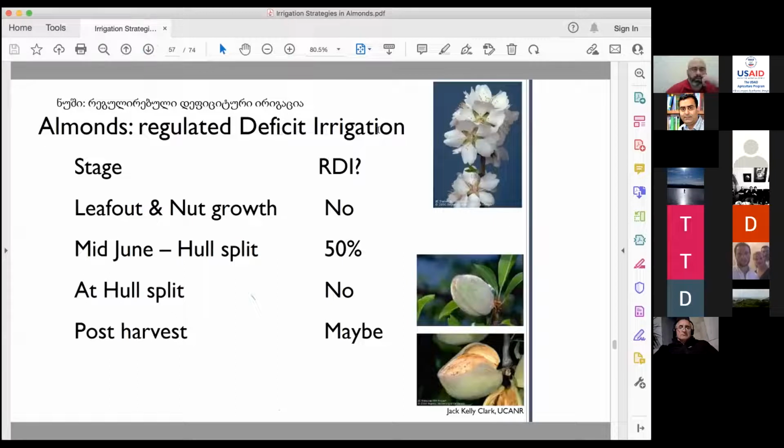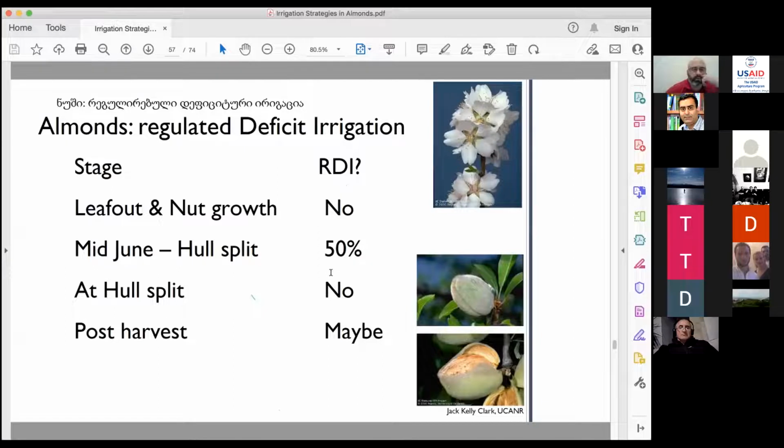So this is the almond regulated deficit irrigation. Again, another slide from last year's, when we discussed this in the training. Regulated deficit irrigation, leaf out to nut growth, there is no potential. From mid-June to hull split, yes, we can reduce irrigation up to 50% without any issues.